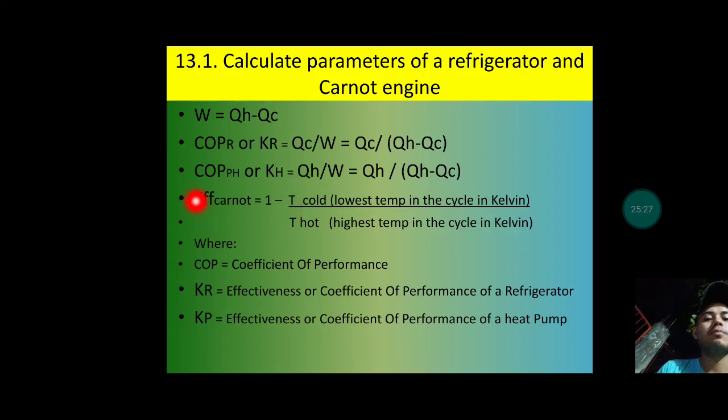Then cross multiply: T hot goes up, while 1 minus the efficiency of the Carnot goes down with the T cold.